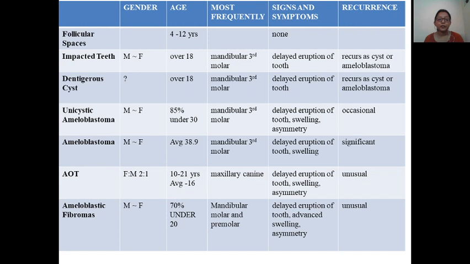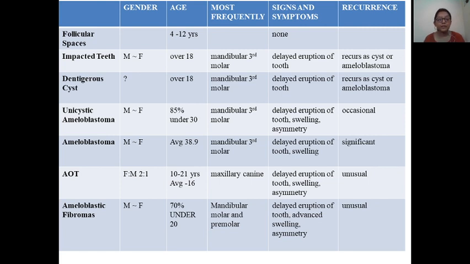In adenomatoid odontogenic tumor, the female ratio is twice that of the male, the age of occurrence is 10 to 21 years, average 16 years. It frequently involves the maxillary canine, because it takes place in the anterior region, mostly maxillary. Signs are delayed eruption of the tooth, swelling, and asymmetry, and recurrence is unusual.